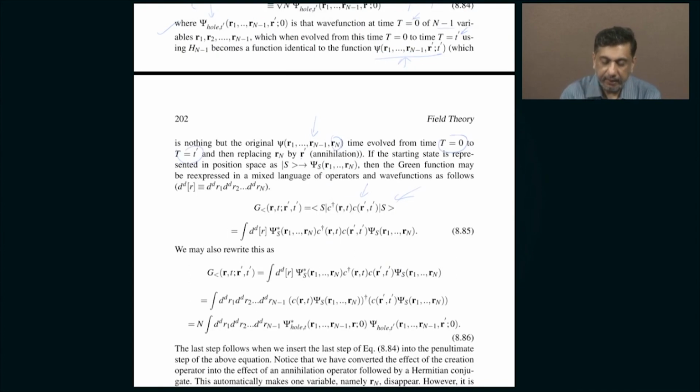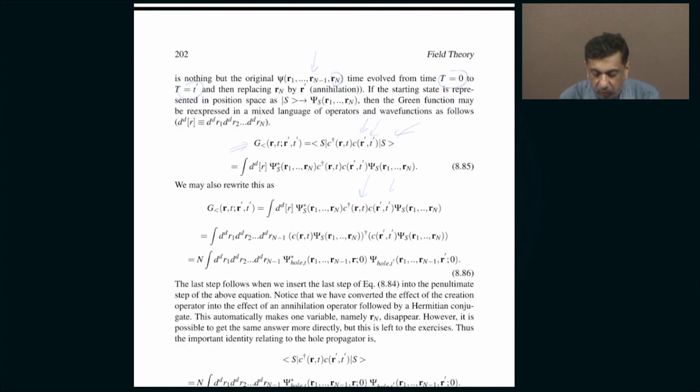So now you see I can actually make physical sense out of the hole Green's function itself by inserting the definitions of the time evolved creation and annihilation operators. So which is what I have done here. If I do that, this now has the definition of the overlap between the hole wave functions at r and r dash, and the hole wave functions, remember, are parameterized by the time at which the holes are inserted into the system.